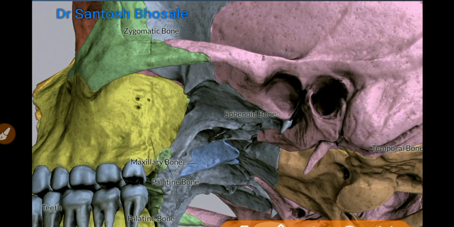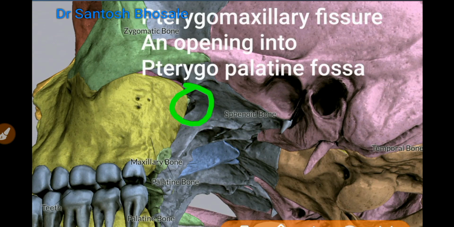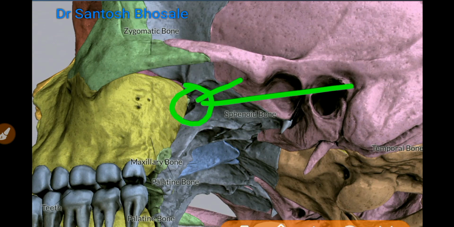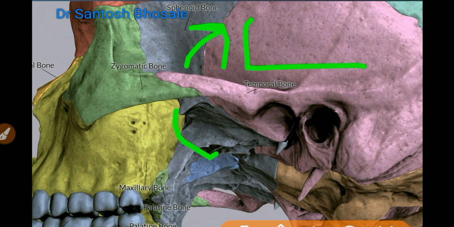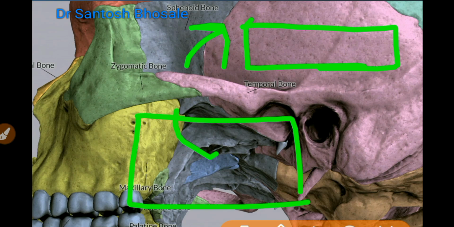That is the communication with the middle cranial fossa, and it communicates medially with the pterygopalatine fossa via this pterygomaxillary fissure between the maxilla and pterygoid plate, through which the third part of maxillary artery will enter, and it communicates with temporal fossa by the gap beneath zygomatic arch that we have already seen.